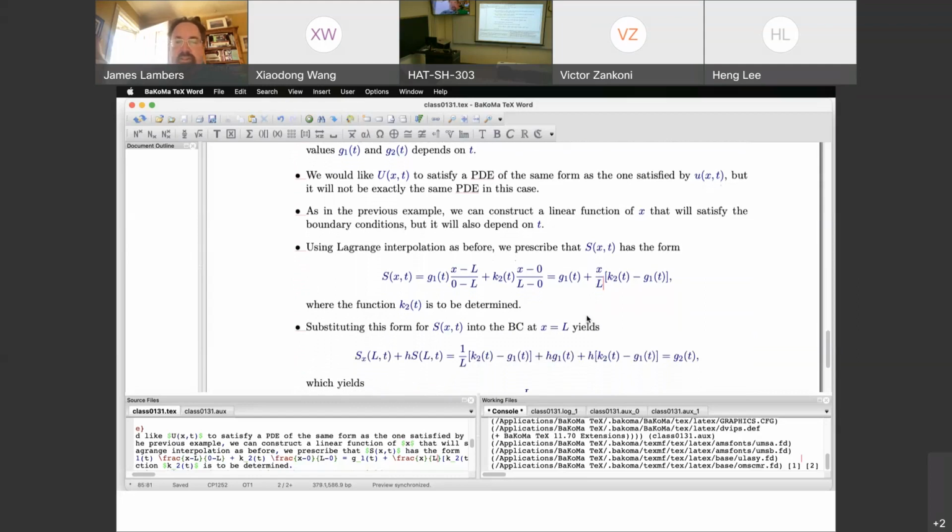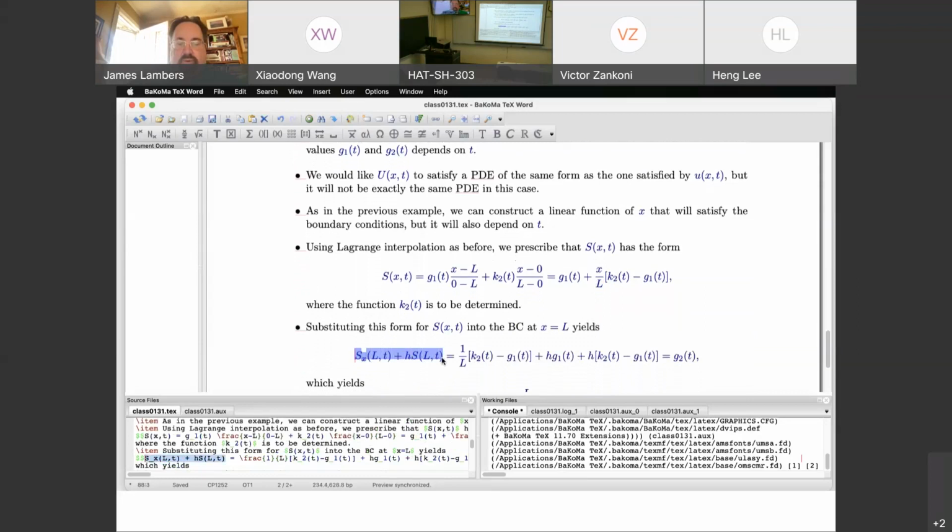So what I do is, here's my boundary condition at the right endpoint, taken from the original problem. Now I take this and substitute it into this boundary condition. And this is what I get. Here I took the derivative of this with respect to x.